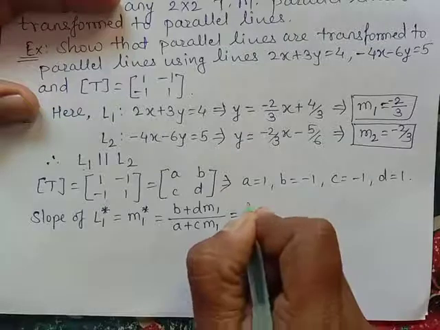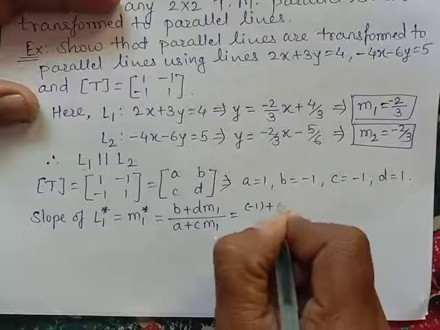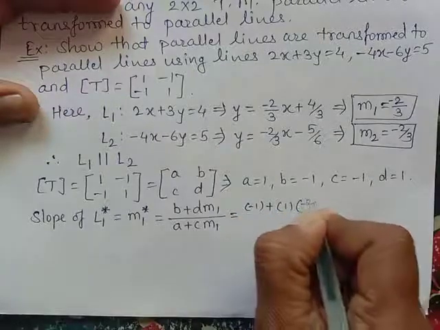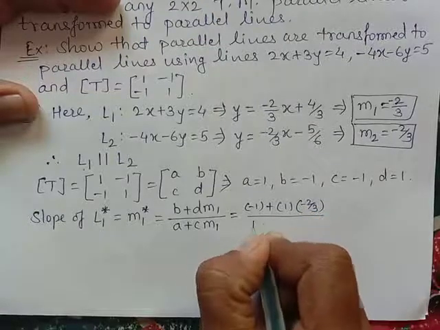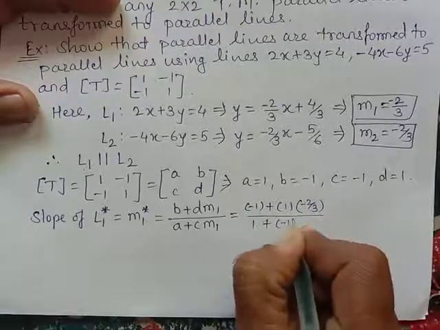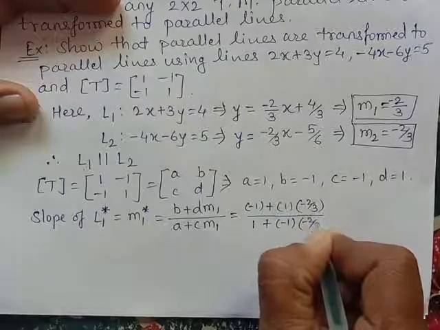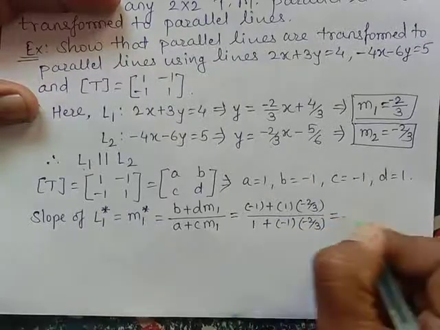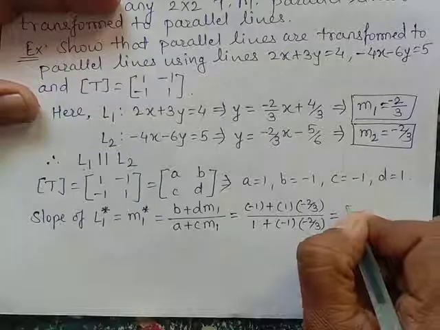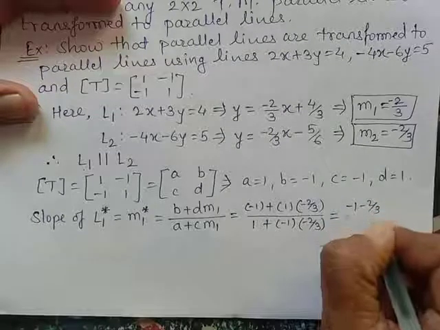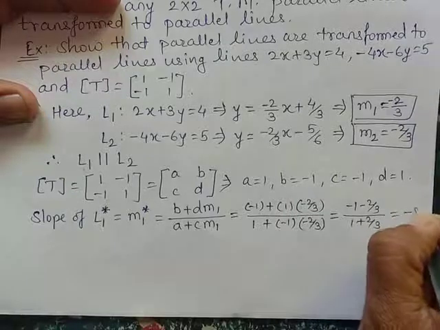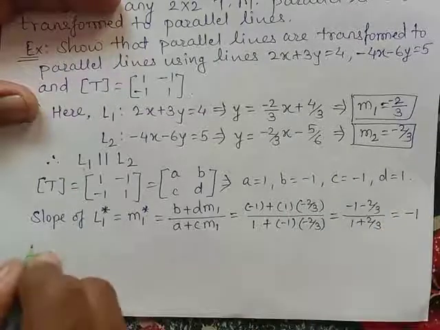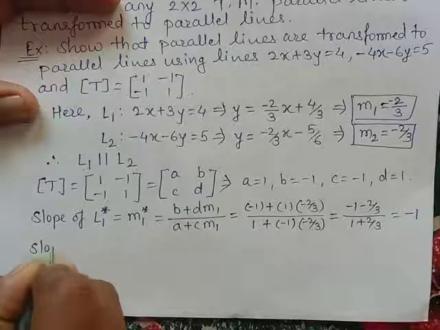So that is minus 1 plus 1 into minus 2 by 3 upon 1 plus minus 1 into minus 2 by 3. That is equal to minus 1 minus 2 by 3 upon 1 plus 2 by 3. And that is nothing but minus 1.